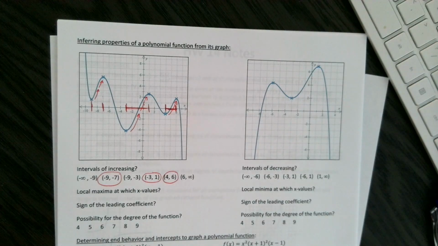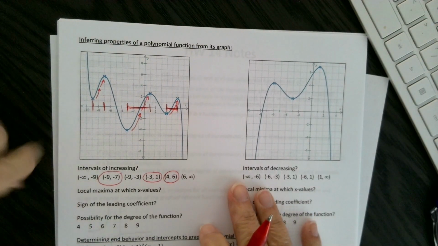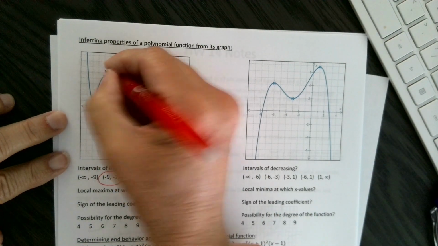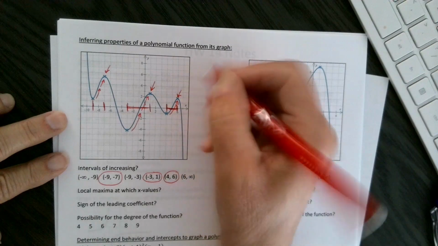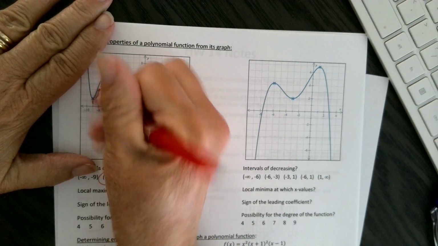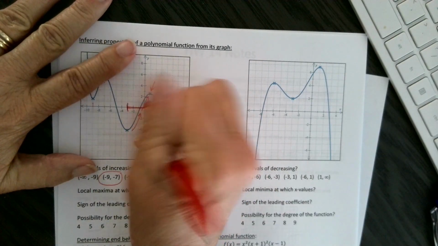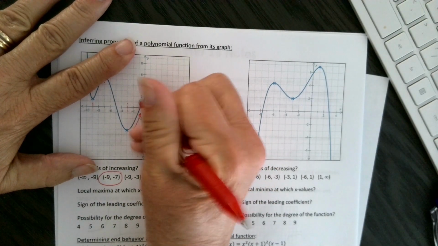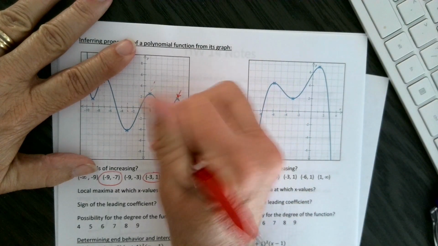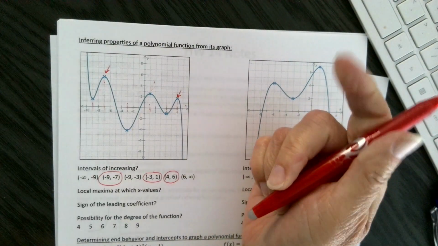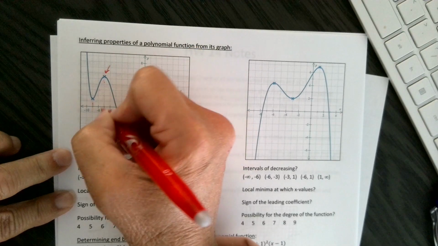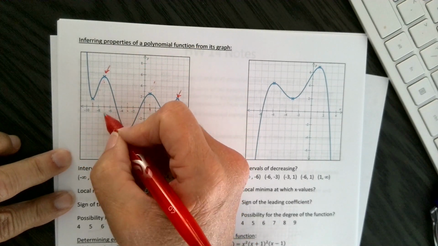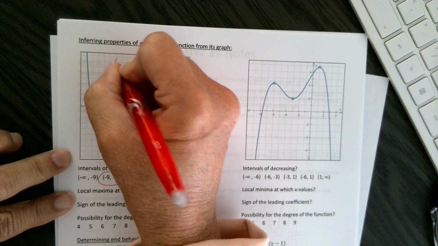Okay. Local maxima at which x values? That means maximum, here and here and here. I'm going to erase all this other stuff because we don't need it now. It says at which x values. So this right here is at -7.5.